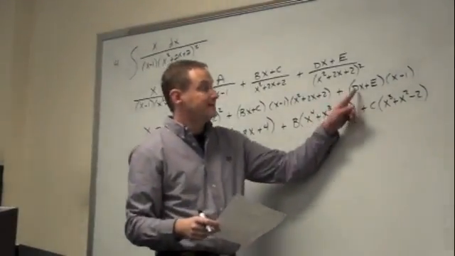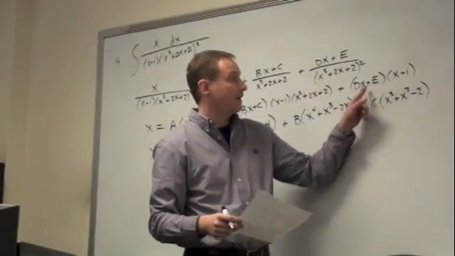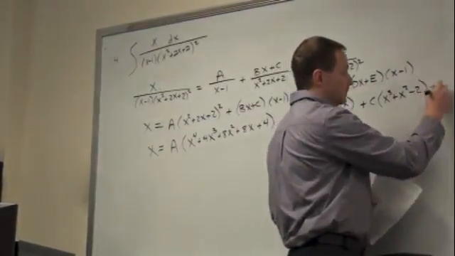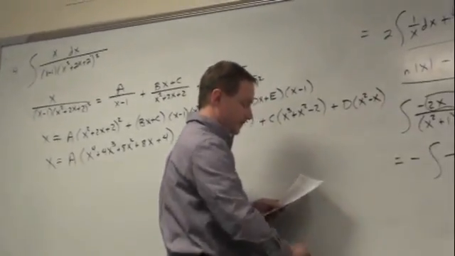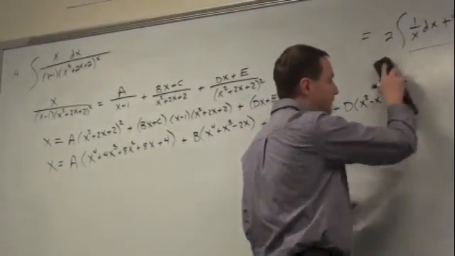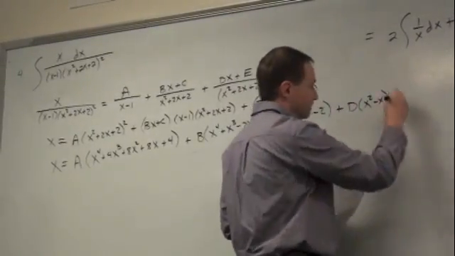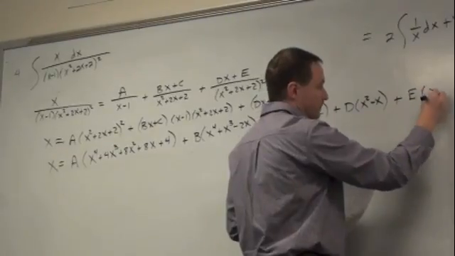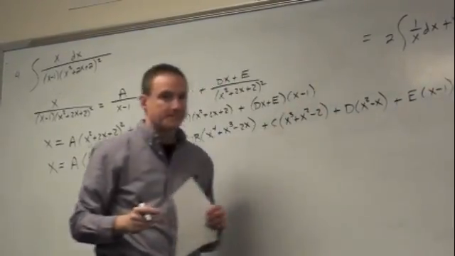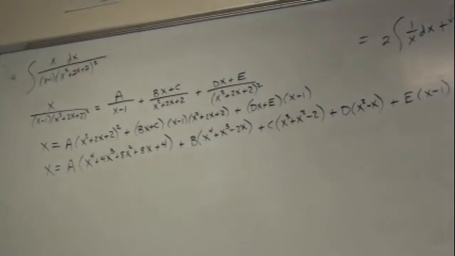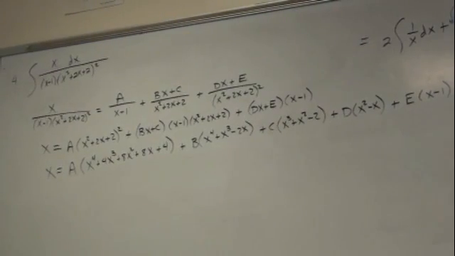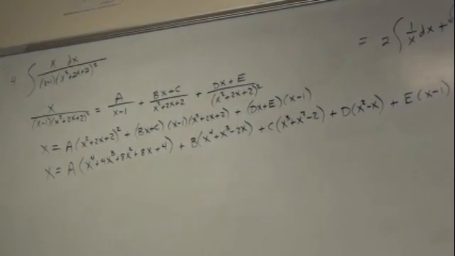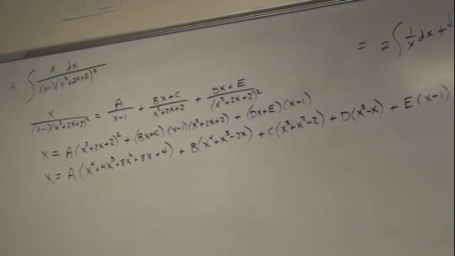Then I had d times the group x squared minus x and e times the group x minus 1. Now that's just multiplying. Once I get to that part though, this one is significantly harder than the other ones to try to solve for a, b, and c.